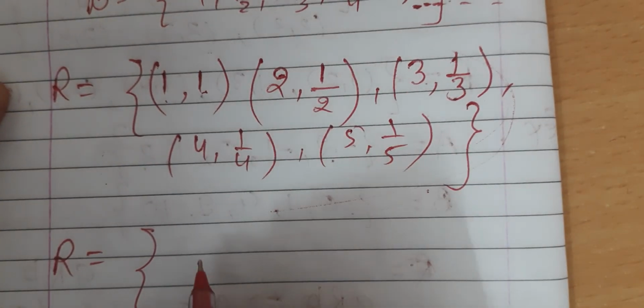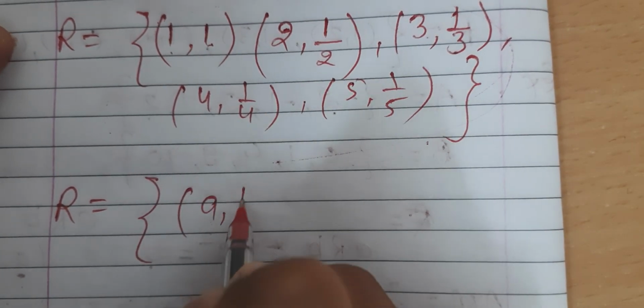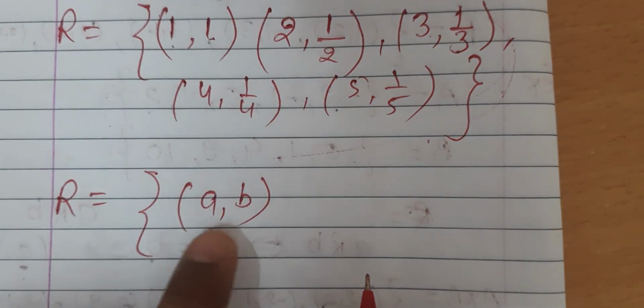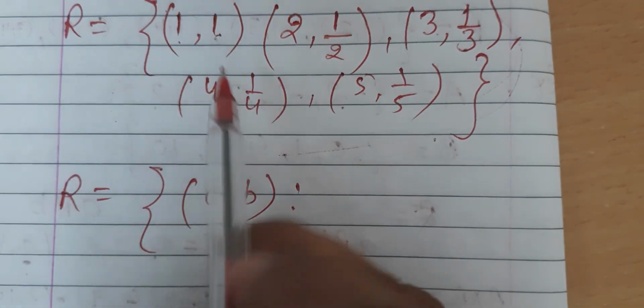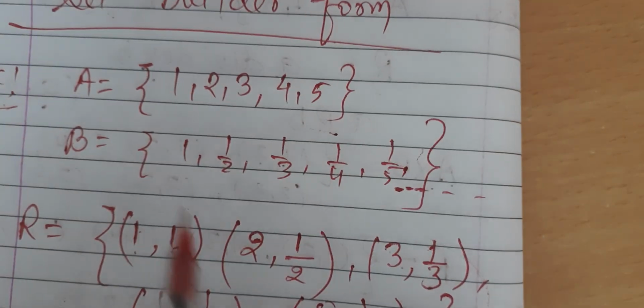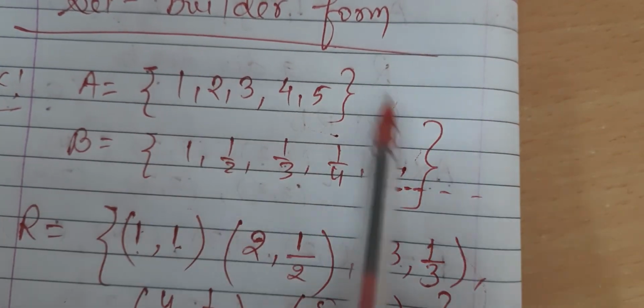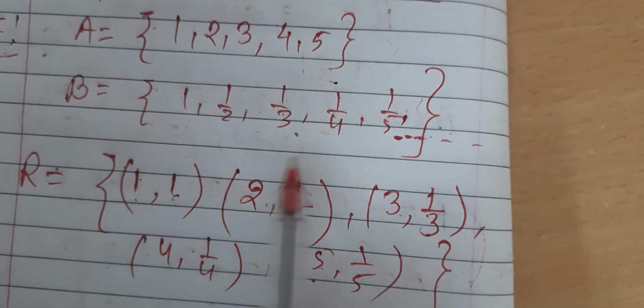So in set builder form we will write, it's a set where each element is in the form of ordered pair A comma B, where the first element 1 2 3 4 5 belongs to first set A and second elements belong to set B.